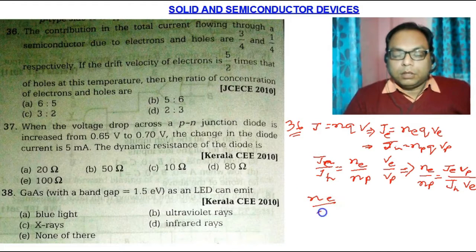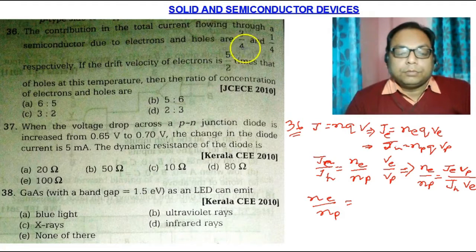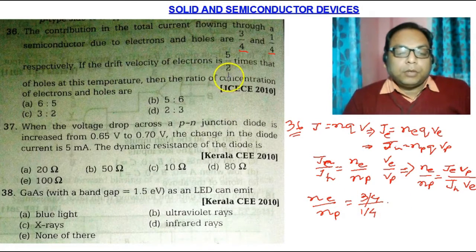Now we can put the values. J_e is given as 3 by 4 and J_h is 1 by 4. So we can write 3 by 4 divided by 1 by 4. And the drift velocity of electrons is 5 by 2 times that of holes.